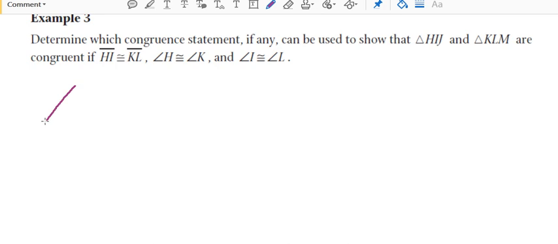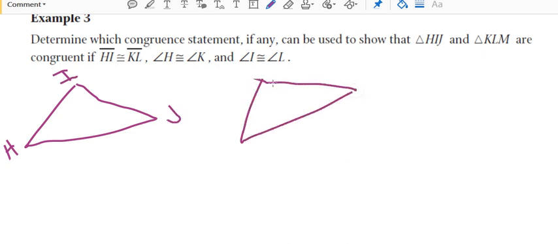That doesn't make sense. So I'm going to draw a triangle here, and I'm going to call it HIJ. I'm going to draw another triangle here, and I'm going to call it KLM. And again, I use those corresponding locations to name them. And now it gives me this information.